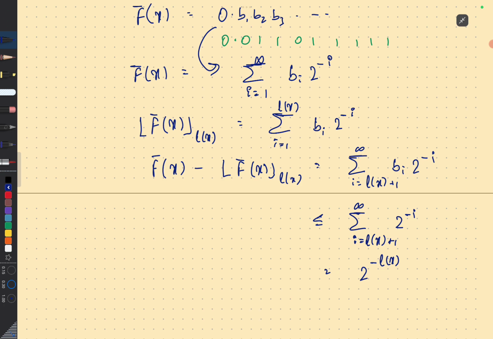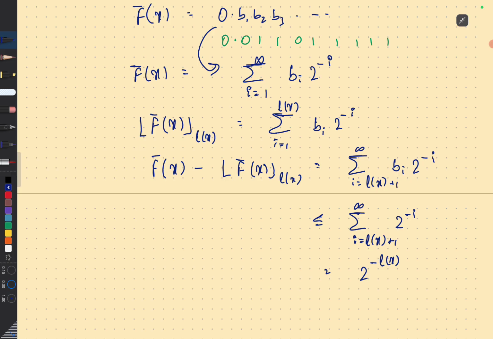How do I decode this particular code? So what does the code word correspond to? The code word for a particular symbol x, I'll go interchangeably between the binary string which corresponds to the code word, and the number that corresponds to the binary representation of that code word.